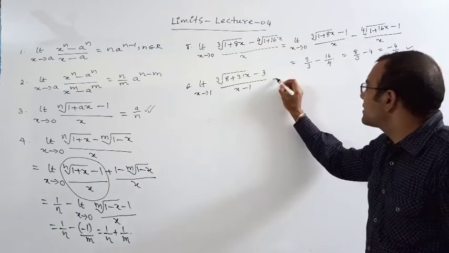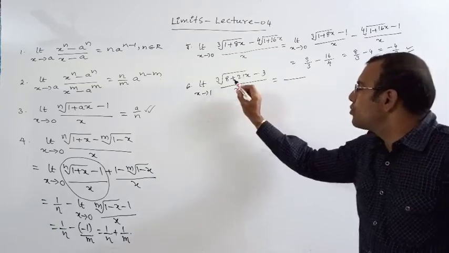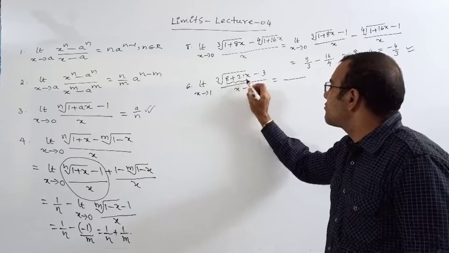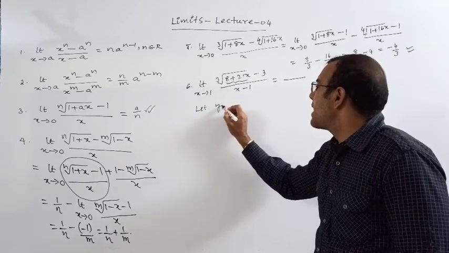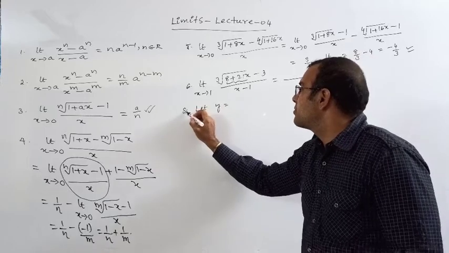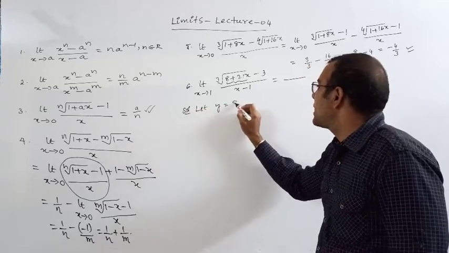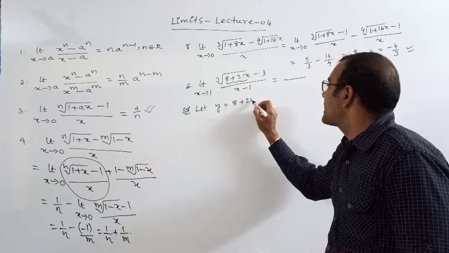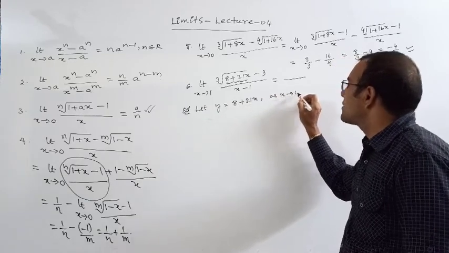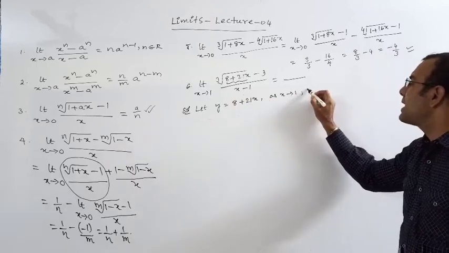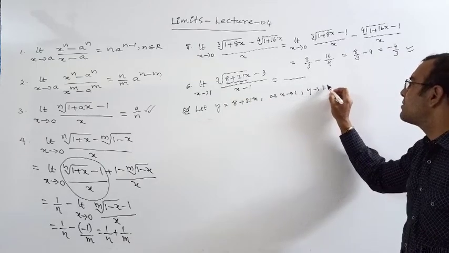Okay, this is the question. You do one thing, assume this is y. Let y equal to 8 plus 21x. You see, as x tends to 1, you will get y tends to 27.